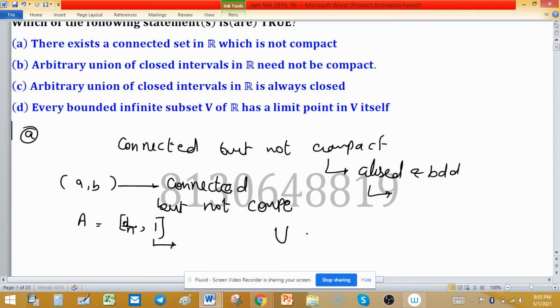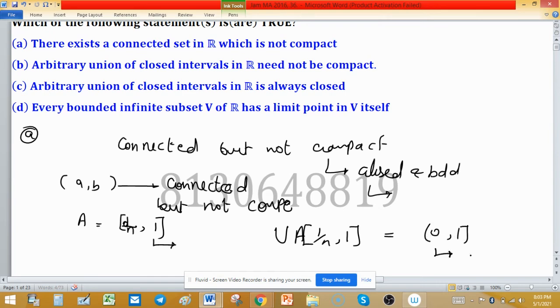The arbitrary union of these sets, 1 by n to 1, is 0 to 1, the semi-open interval (0, 1].